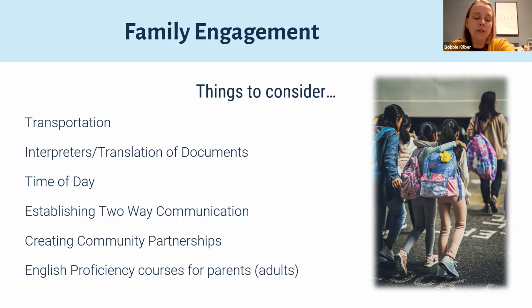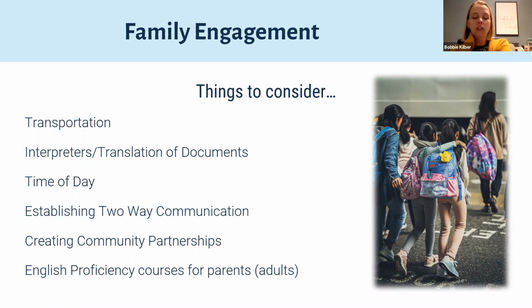Another thing that's been kind of fun throughout the state of South Dakota is creating community partnerships. There are a lot of businesses and community organizations that are interested in partnering with you to help make things better for your English learner community. So just be an advocate for them and speak positively, and you'll find some pretty cool community partnerships that can be formed that will help improve their family engagement piece.